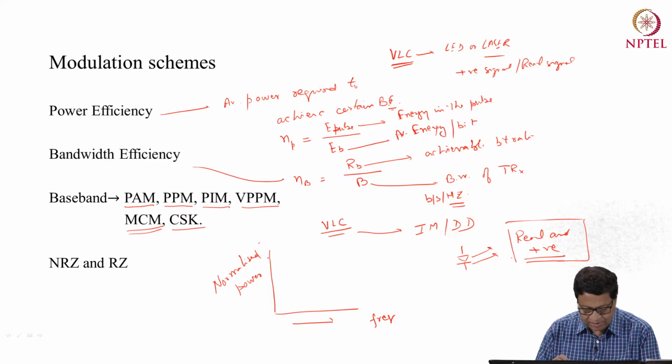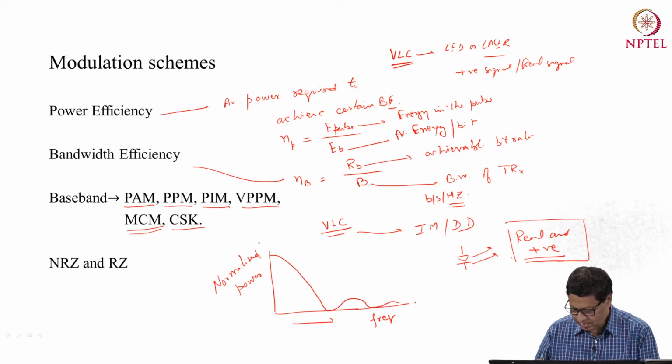So for NRZ, this is the power spectral density for NRZ. You can say this is on-off keying NRZ.